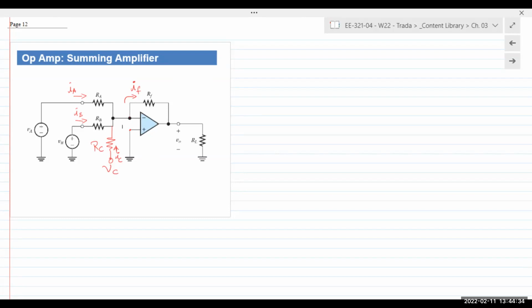So we follow the same analysis technique that we used earlier. We'll apply KCL at the inverting terminal, sum up all the 3 currents, and all those 3 currents will equal IF.